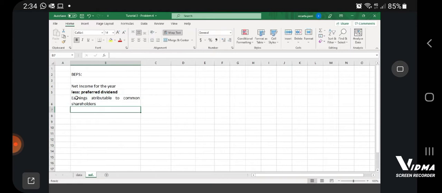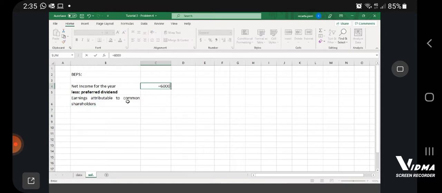This is something that already is given, I agree, but by calculating together, we can learn more. Again, net income for the year is equal to 6 million. The preferred dividend is equal to 100,000, and the earnings available to common shareholders are 5,900,000.